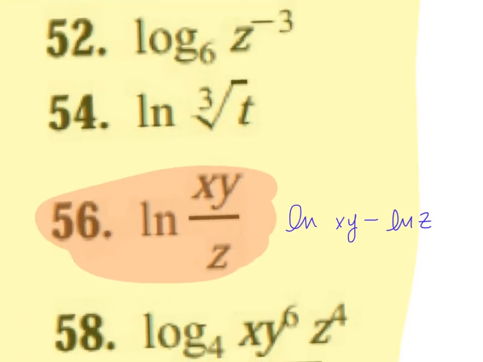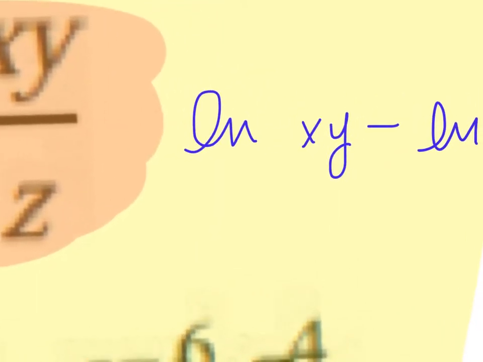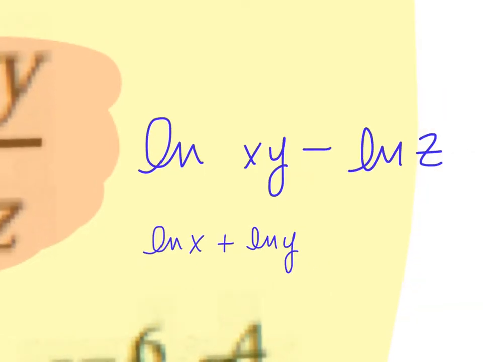Everybody agree? Okay, I got part of that done. Now I still have a multiplication, so I have to pull this apart. When I see multiplication, what do I think? So it's the natural log of x plus the natural log of y minus the natural log of z. Everybody see that? So there would be your answer.